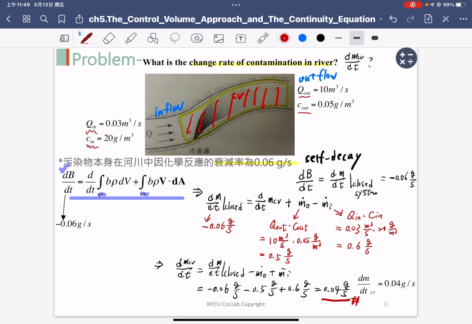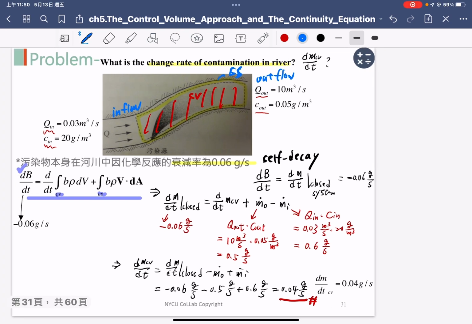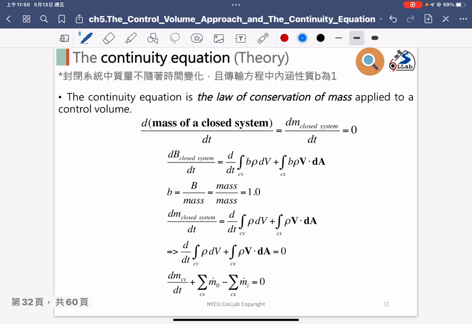So this is CV and the yellow line is our CS. I think the most difficult part is how you determine the control surface and the control volume. It depends on your question.